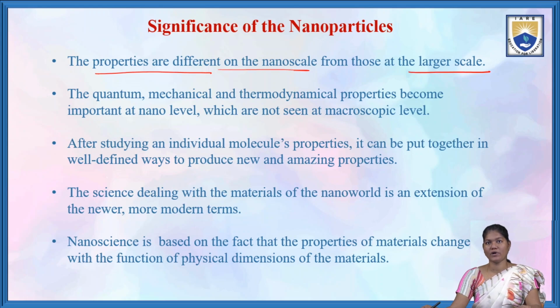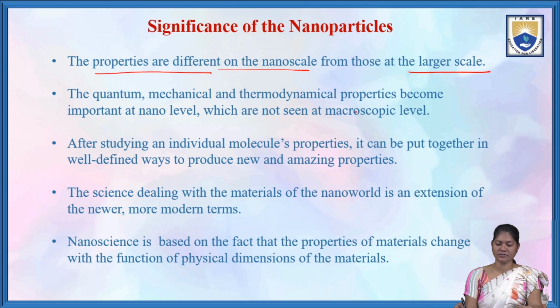The quantum mechanical and thermodynamical properties become important at the nano level, which are not seen at the microscopic level. After studying an individual molecule's properties, it can be put together in well-defined ways to produce new and amazing properties.